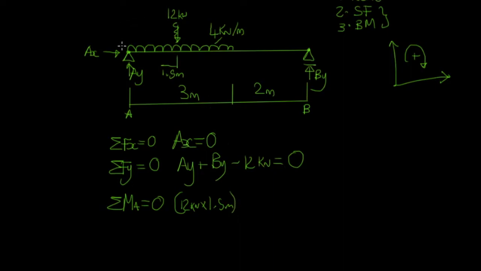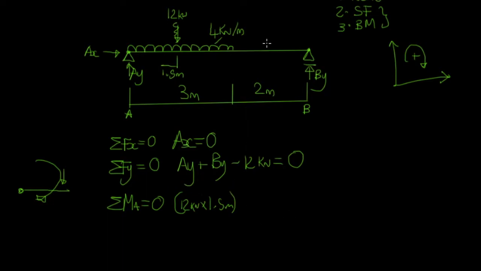Imagine our support A is a hinge, and that beam's just sticking out, and we've got our 12 kilonewton force pushing our hinge around, kind of like a swing ball. That's going around in our clockwise direction, so it's going to be positive.